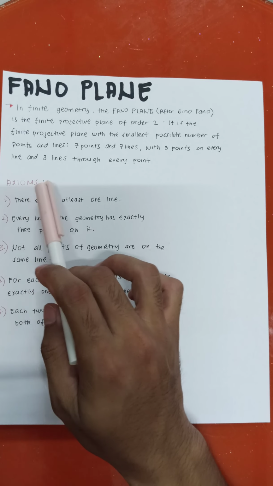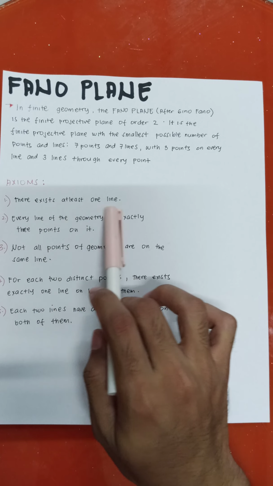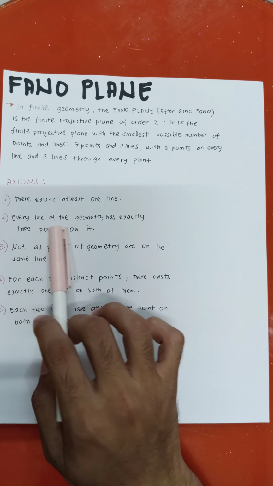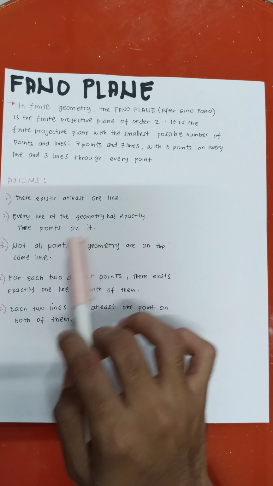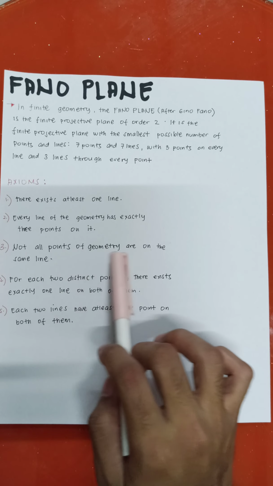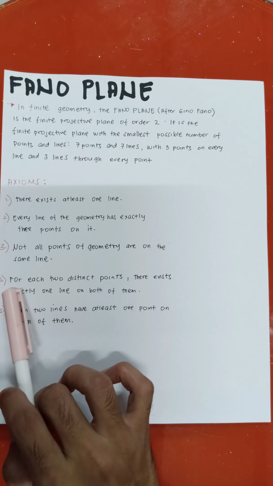Axioms. Axiom 1. There exists at least one line. Axiom 2. Every line of the geometry has exactly 3 points on it. Axiom 3. Not all points of the geometry are on the same line. Axiom 4.